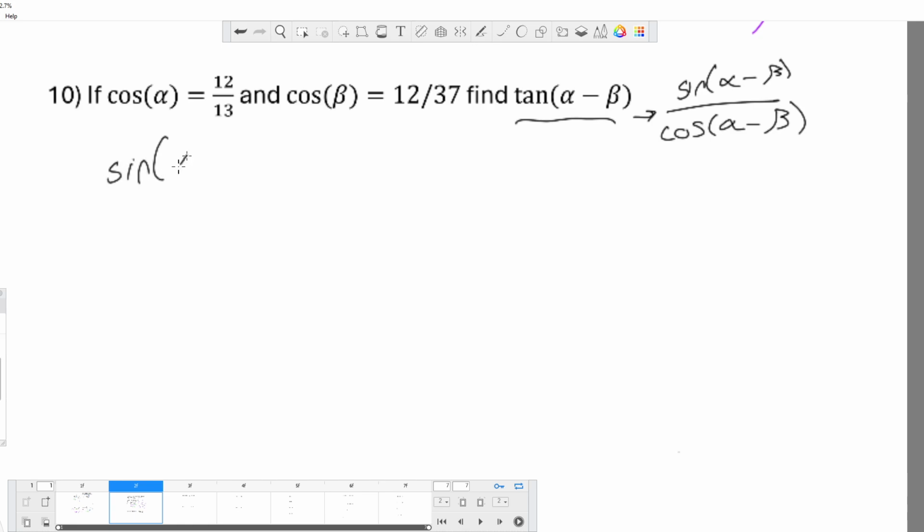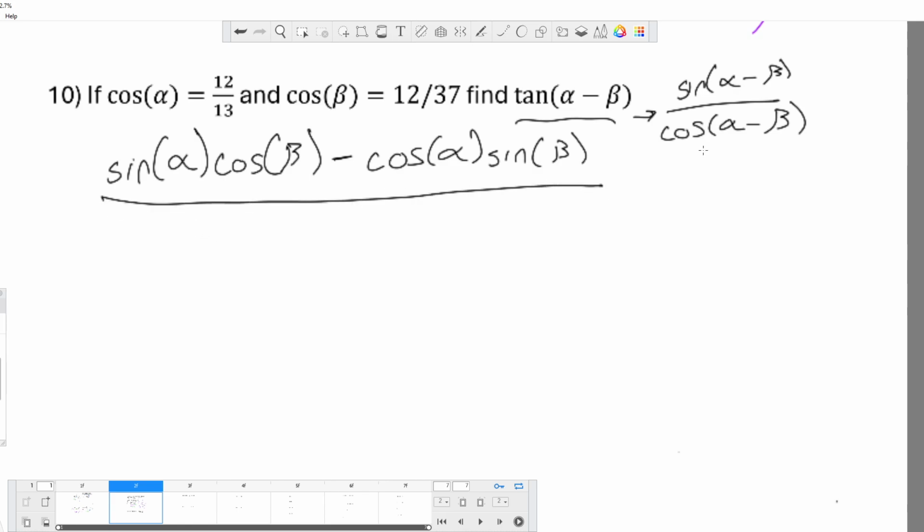So we're looking for sine of alpha times cosine of beta, same sign, so in this case minus, cosine of alpha sine of beta, over the cosine version of the formula, which is cosine of alpha cosine of beta.